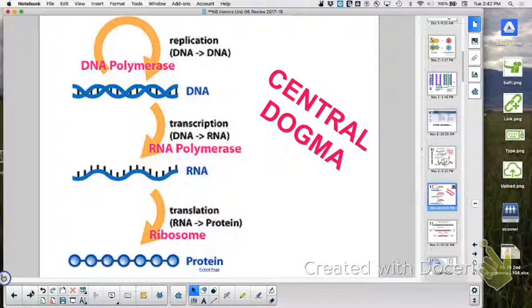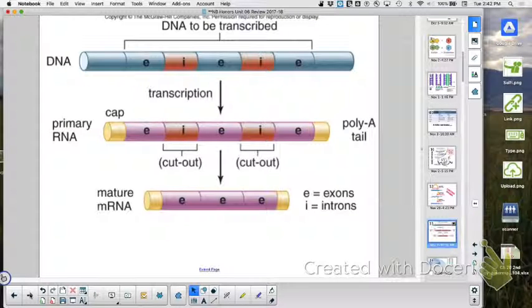And using that message to know the sequence of amino acids you want in your protein. That is translation. So this right here would be the genotype. This protein would be the phenotype. You see that from yesterday? So you have your genes here, but how it appears is the phenotype. All right.